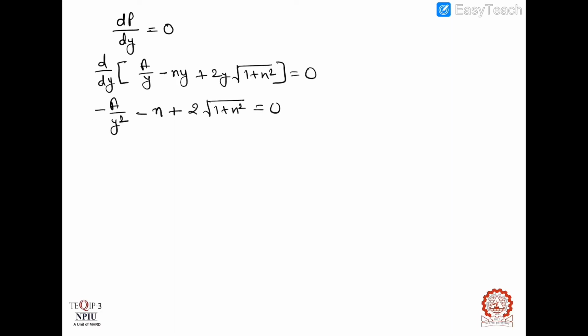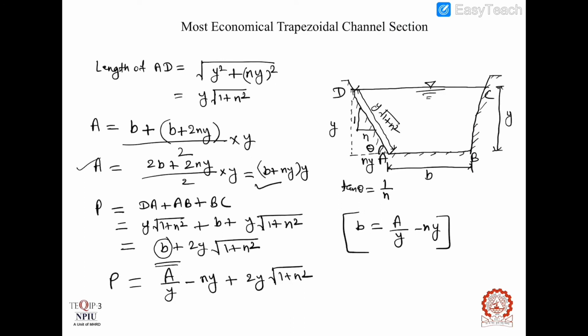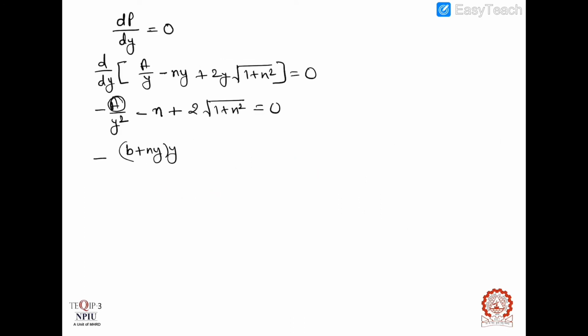Now substitute the value of A here, that is b plus ny into y, that you know from this expression, divided by y square, minus n plus 2 root over 1 plus n square is equal to 0.